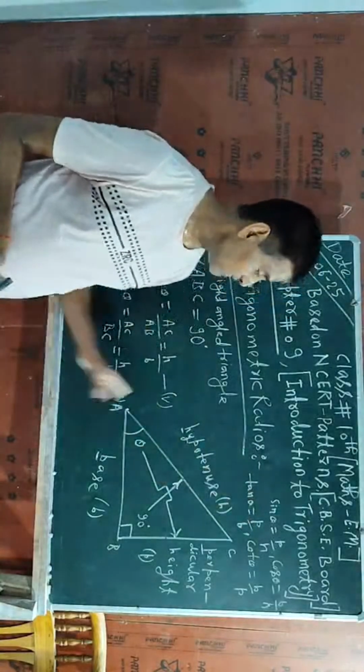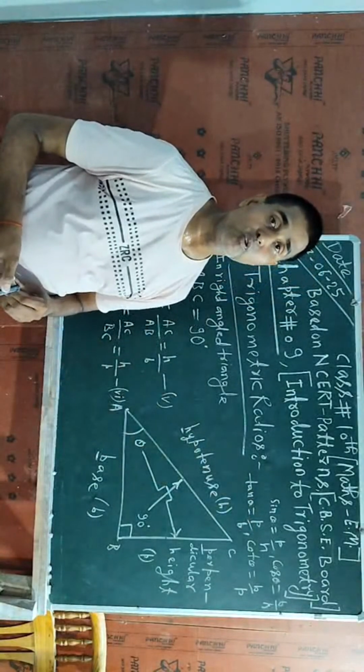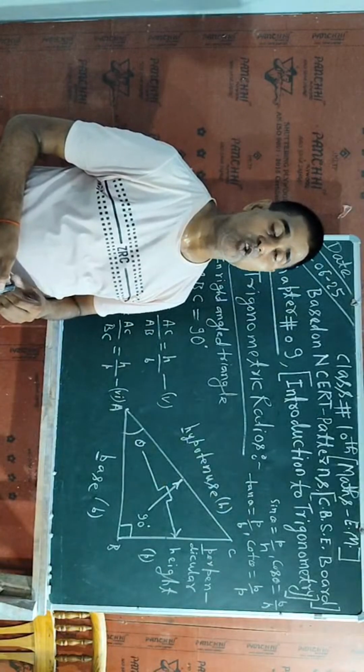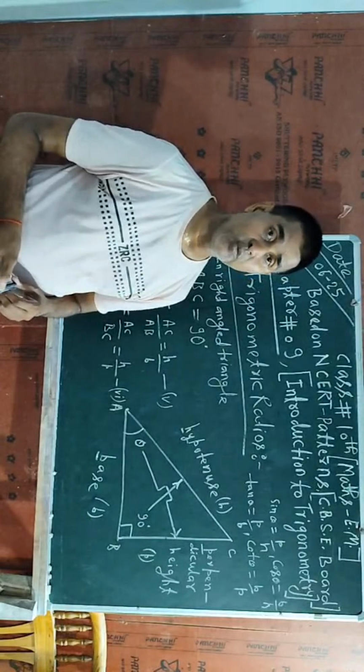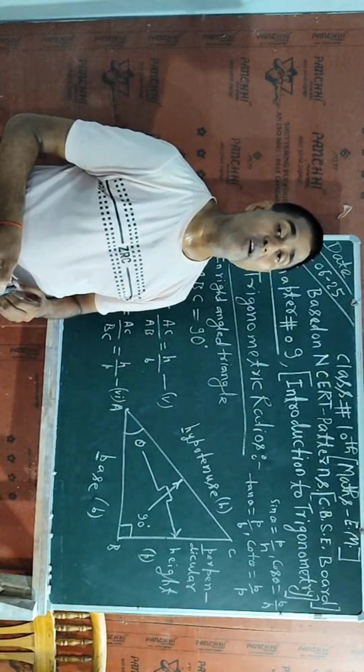You have to remember all these ratios, because some identities you have to prove. If you know this information, you can easily prove the identities.